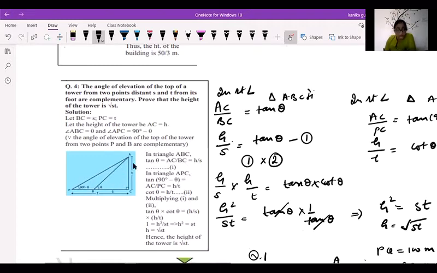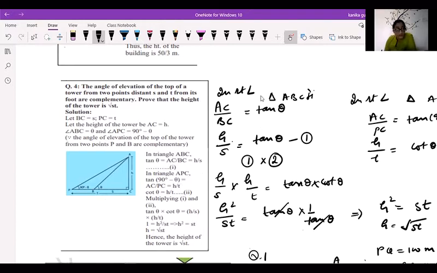So suppose that angle ABC is equal to theta, then angle APC is equal to 90 minus theta. So these are the complementary angles. Now in the right angle triangle, given that AC, that is the height of the tower, is equal to H meter, and BC distance is S meter, and PC distance is T meter, that is given to you.